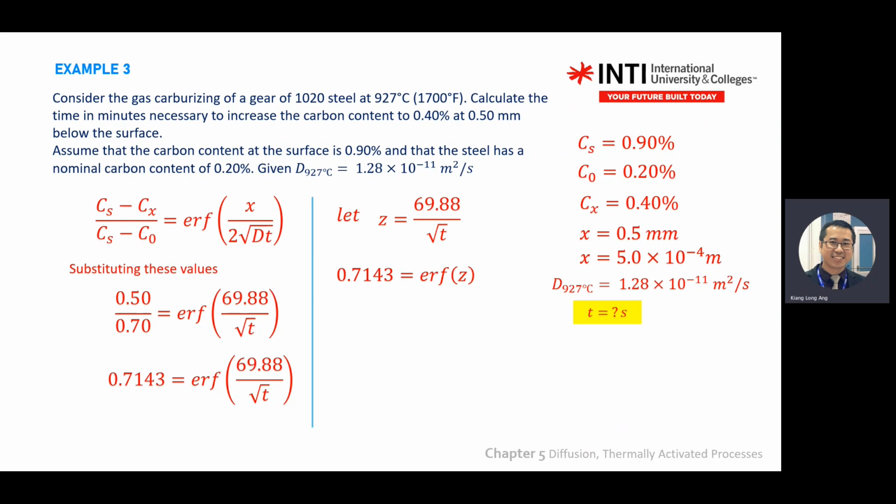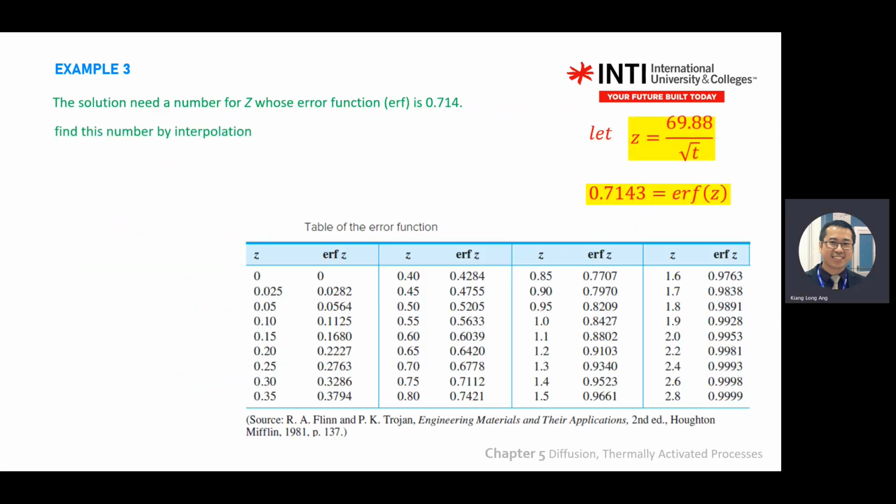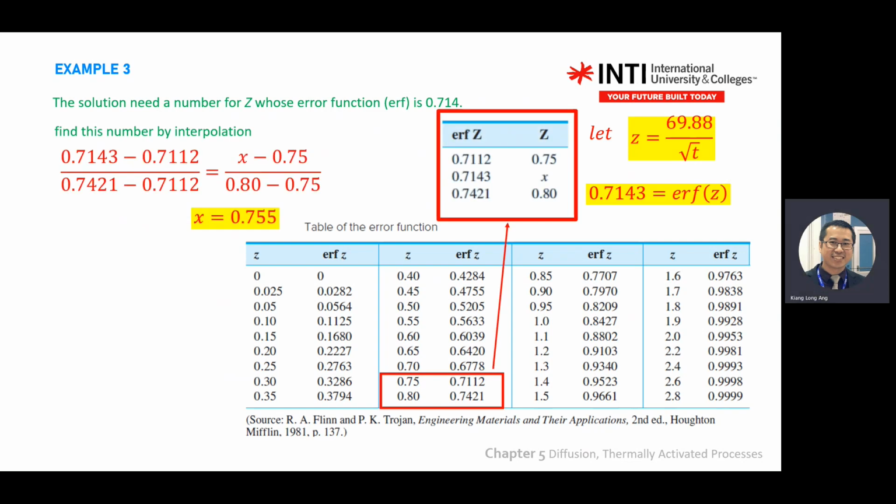You'll get 69.88. Or you can multiply first if you want. But don't chase after the numbers. Just try to learn how to solve, how to apply the equation. That matters more.